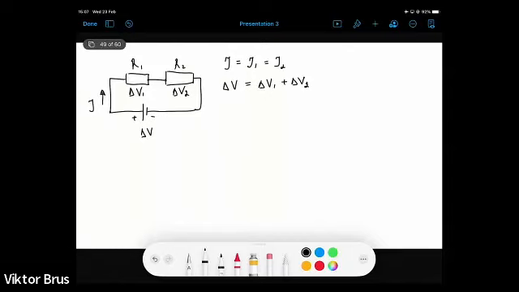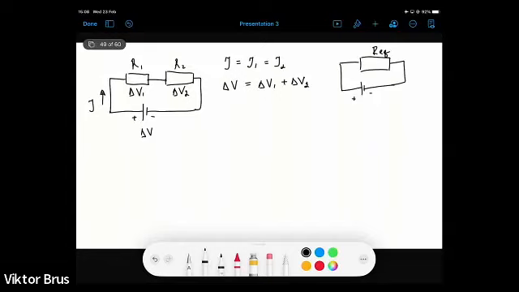So now we would like to determine the magnitude of a so-called equivalent resistor, R equivalent, which will be able to substitute these two resistors R1 and R2 connected in series.